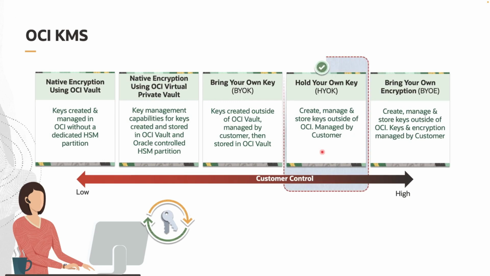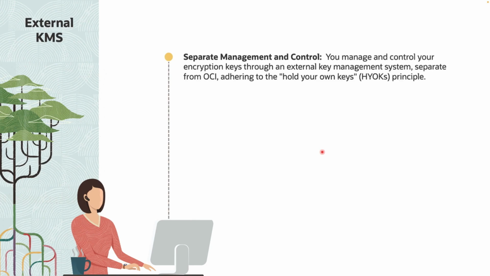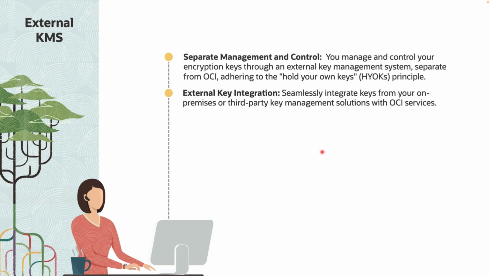This is what OCI External KMS offers. With OCI External KMS, you have complete control over your encryption keys, including where they are located and how they are distributed. This perfectly aligns with the hold your own keys principle. It ensures a smooth and secure transition for customers who want to retain control over their keys while using OCI services.